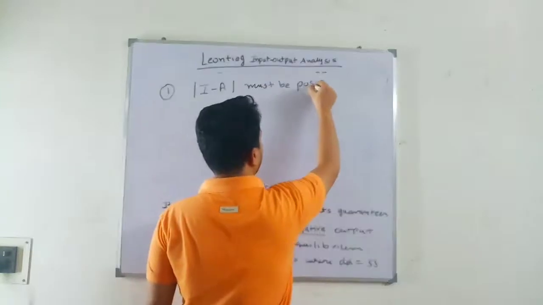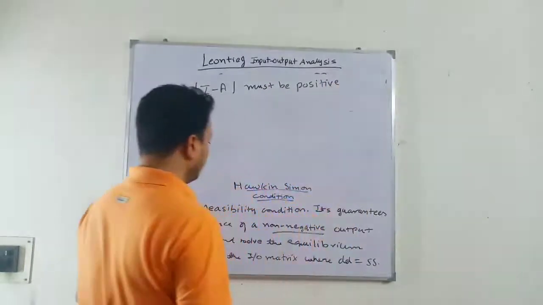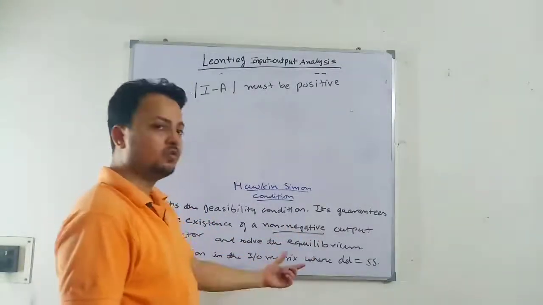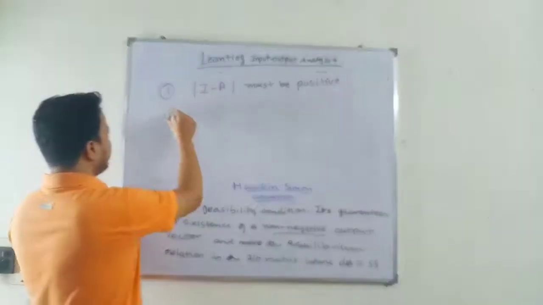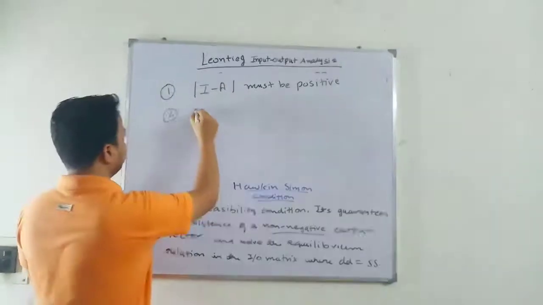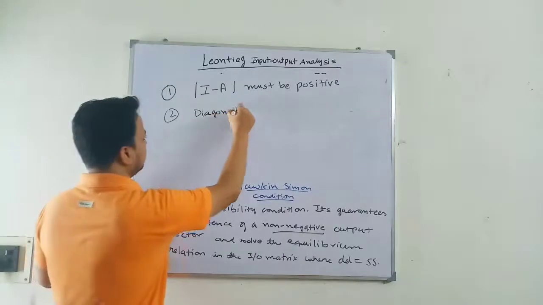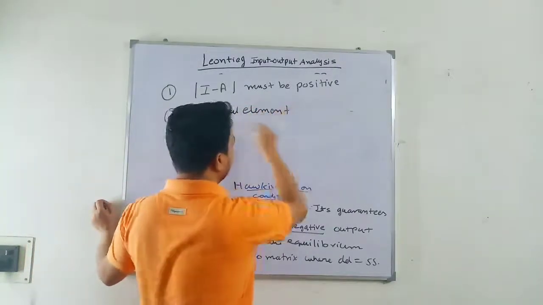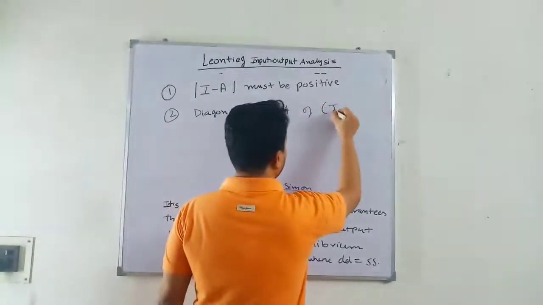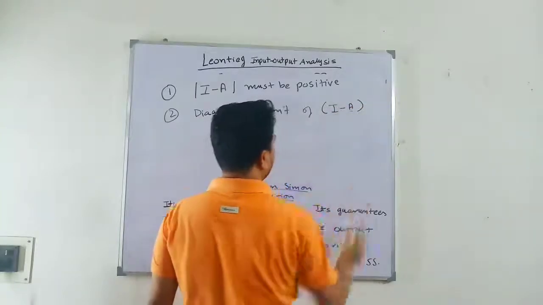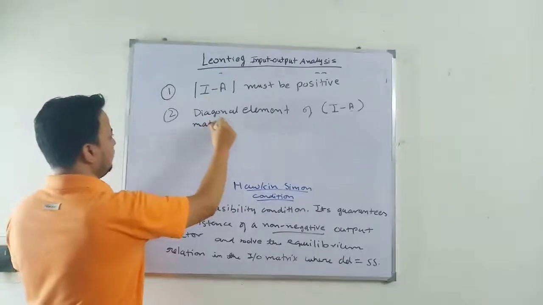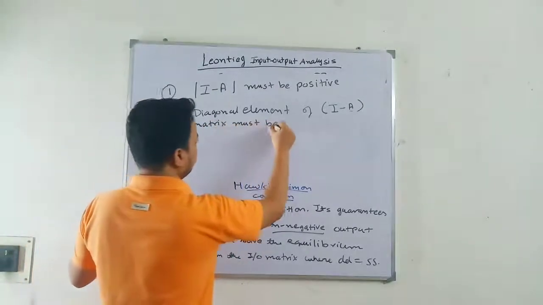Then only can you guarantee a non-negative output in equilibrium where demand equals supply. And the second feasibility condition, both conditions need to be satisfied together, is that the principal diagonal elements of I minus A must be positive. I is the identity matrix, and A is the 2 by 2 square matrix.